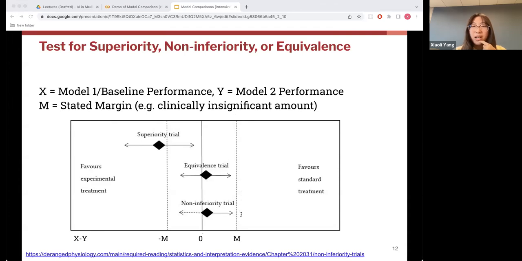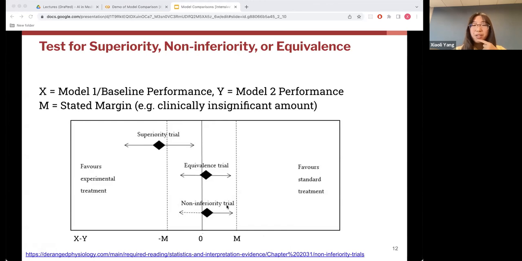This 0 to M line represents the amount that the baseline performs better than our model 2, so we do not want it to be larger than M. So the non-inferiority test is basically testing, does the confidence interval fall completely to the left of that line?